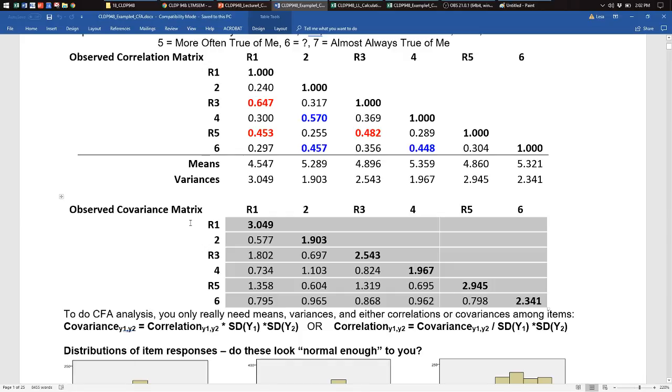Covariances are hard to interpret because their size depends on the size of the variance. That's why correlations are almost always given instead, because they're easier to understand. But we are working with covariance in terms of what the factor solution is trying to predict. The standardized solution is going to predict the correlation matrix instead. But there's a one-to-one correspondence between the two.